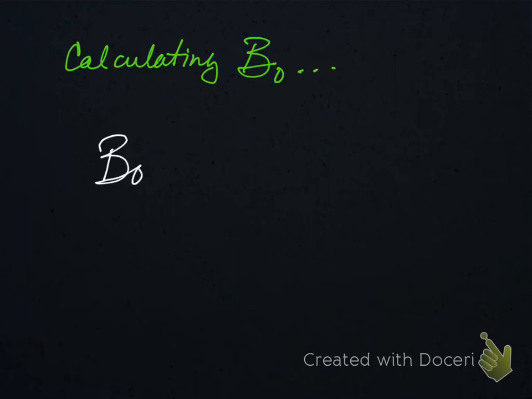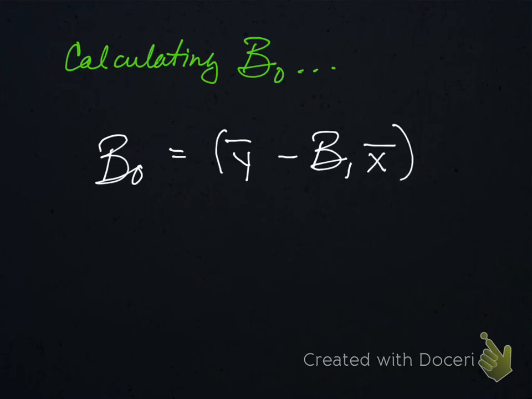Our intercept term is equal to the mean for the dependent or response variable, so the mean for y, minus that slope we just calculated times the mean for the predictor variable or independent variable, or the mean for x. This here is our intercept, and it's super simple to calculate once we have that slope parameter.